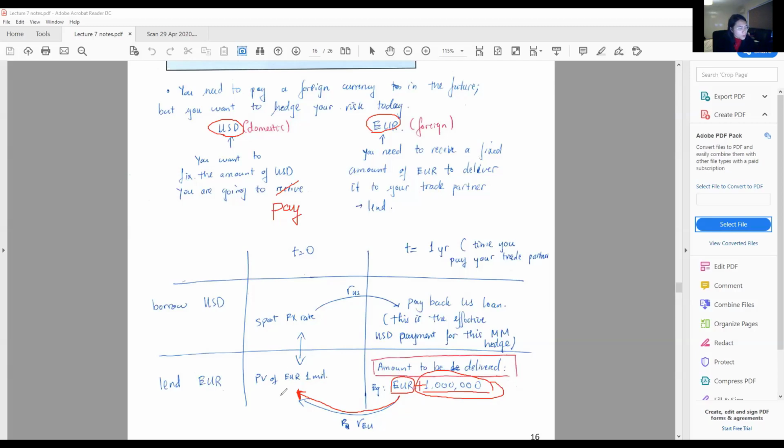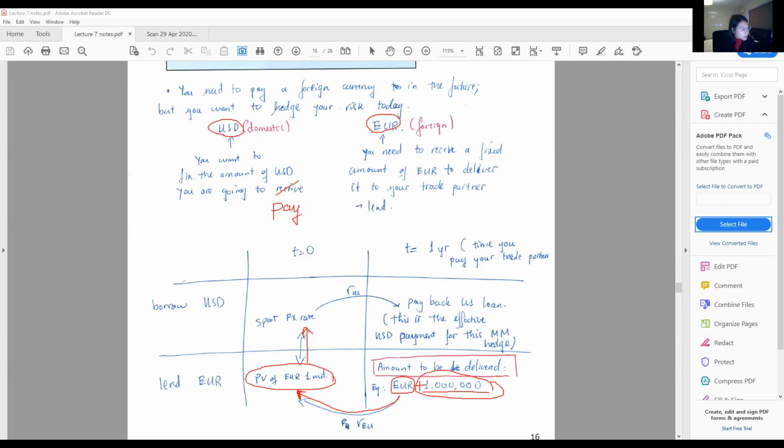So to be able to do that, I need to invest the present value of €1 million as of today in Europe, okay? So to have this present value of €1 million to invest at time zero, I'm going to need to convert my USD into the Euro as of today first, okay? So I'm just working backwards, okay?